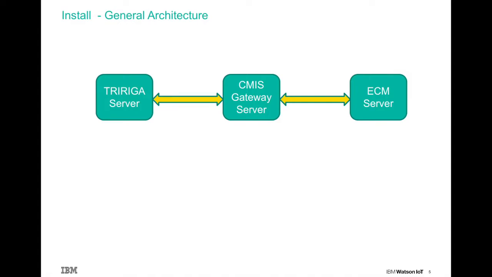It is possible that some companies that already have an ECM server do not have a CMIS gateway. Other enterprises will. It all depends on whether they have other applications outside of TRIRIGA that are enabled for CMIS or not.